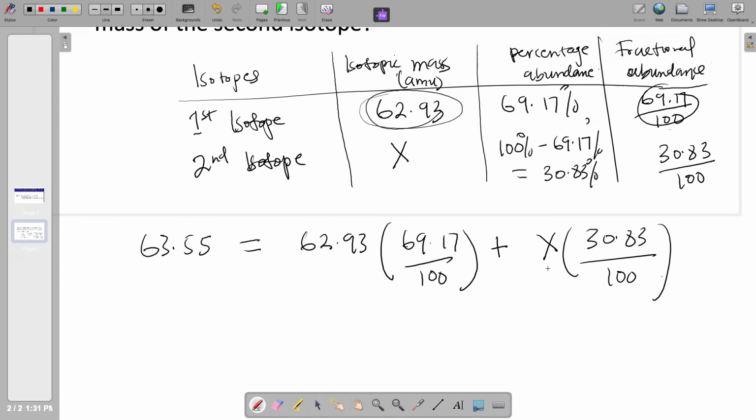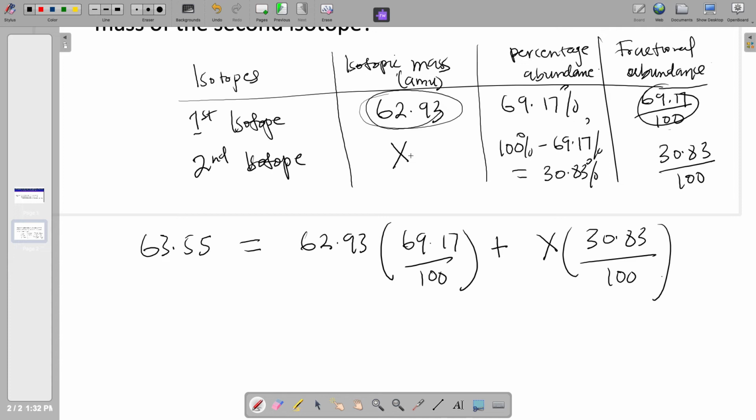Okay. So again, to recap, to solve such a problem, once the name of the element is mentioned, you can refer to your periodic table, and then you read the atomic mass of the element. And then you use x to represent the mass of the unknown isotope you are calculating for.